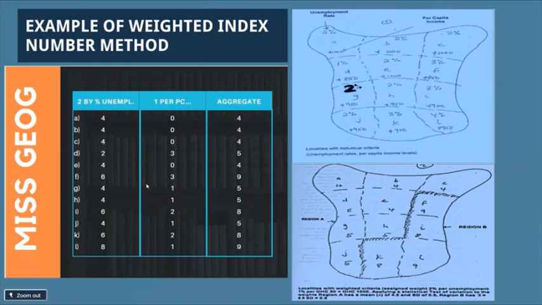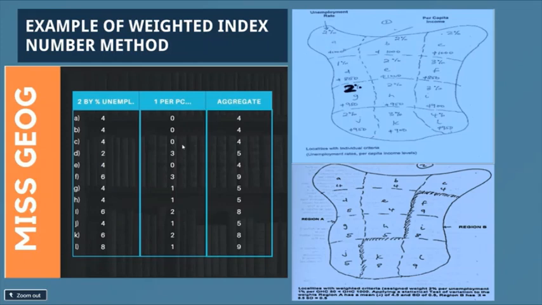procedure. So in that case, when we get to the aggregate, regions which are not performing well, regions which are having high unemployment level, will have higher values under the aggregate, whilst regions which are having low per capita income will also have high aggregate.